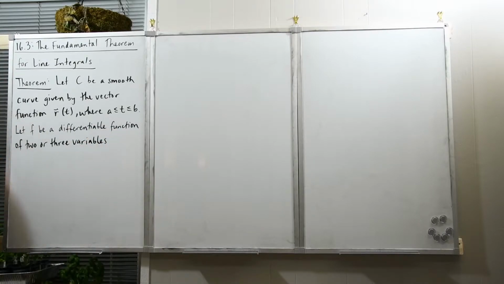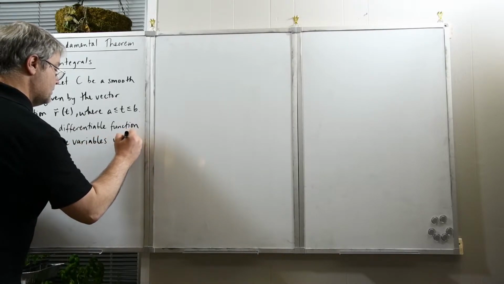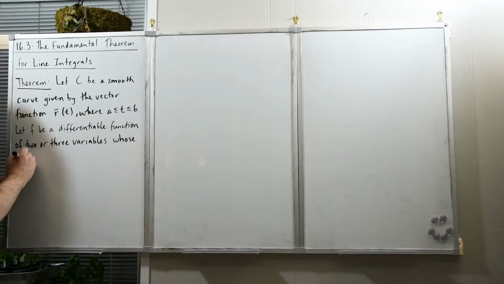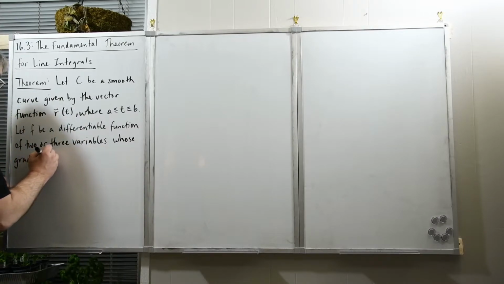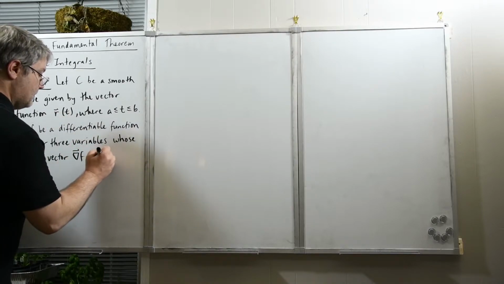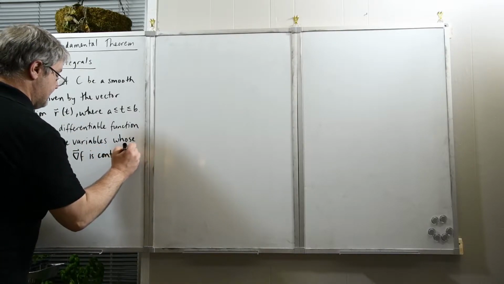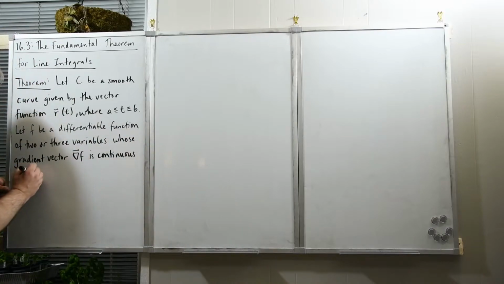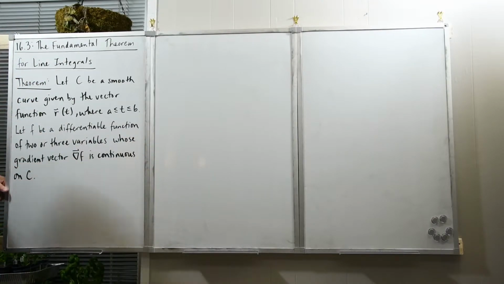And f is going to be such that its gradient vector is continuous on this curve C. So we'll be taking a look at the line integral of gradient of f along C.